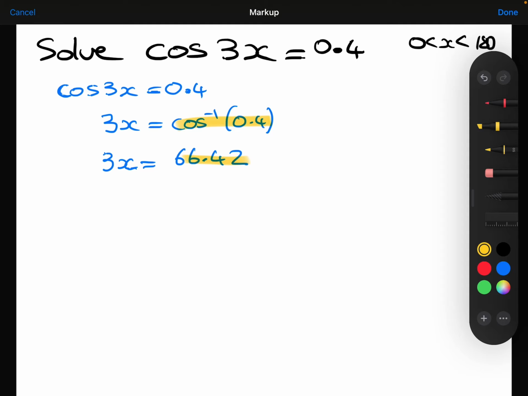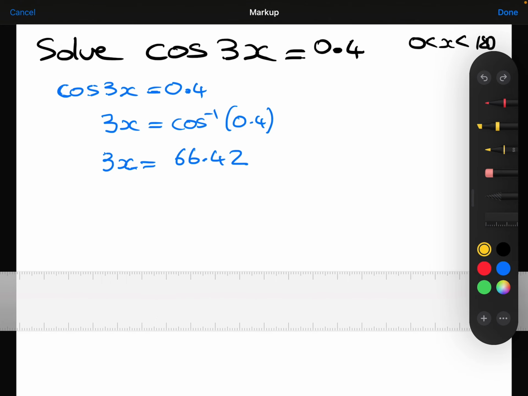We need to find the other answers to cos inverse of 0.4, and we must do that at this stage. The moment you press cos inverse, or sine inverse, or tan inverse on your calculator, the moment you press that button, that is the stage when you draw your graph.